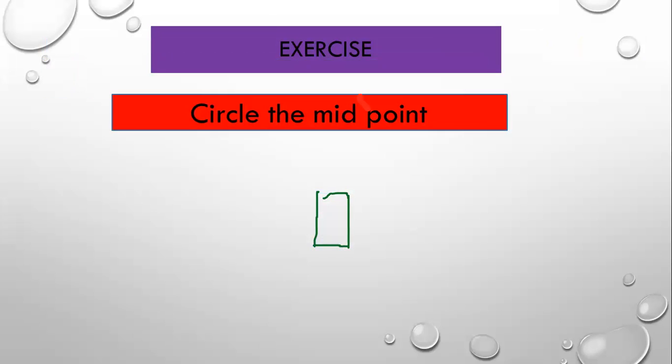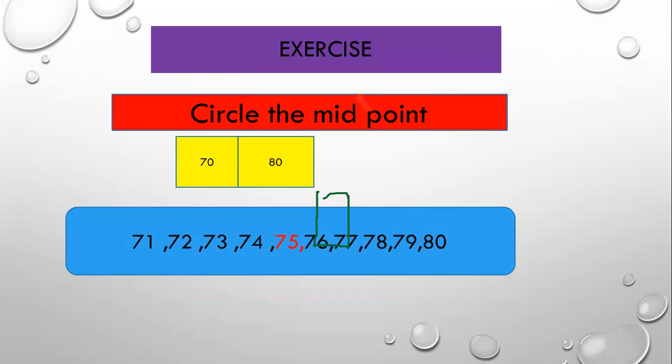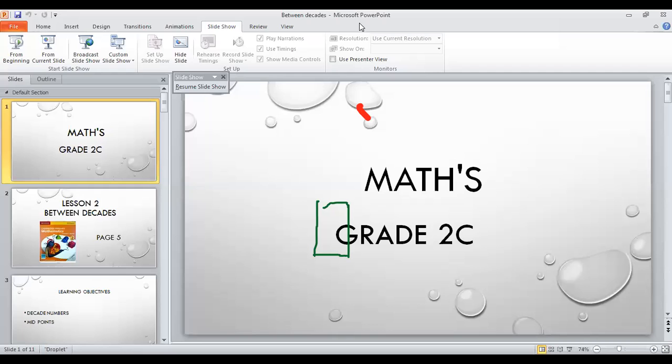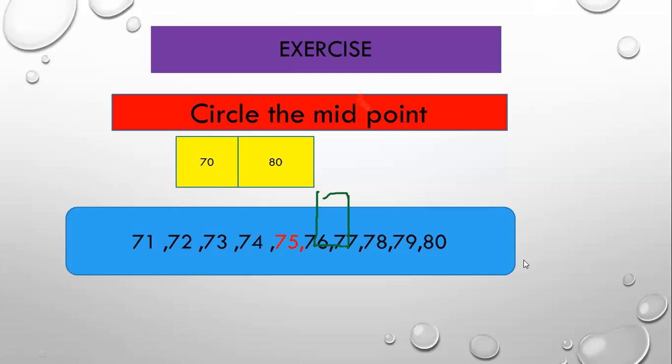Circle the midpoint. We have two numbers, 70 to 80. What is going to be our midpoint? Just a minute. So here, what is going to be our midpoint, boys? 71, 72, 73, 74, 75, 76, 77, 78, 79, and 80.